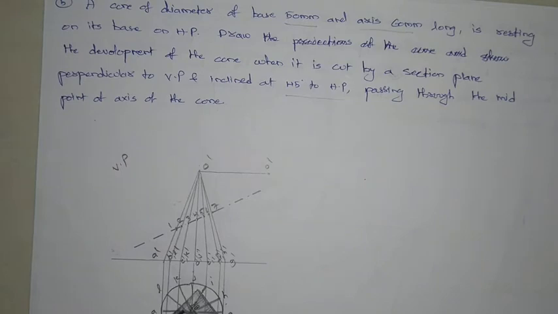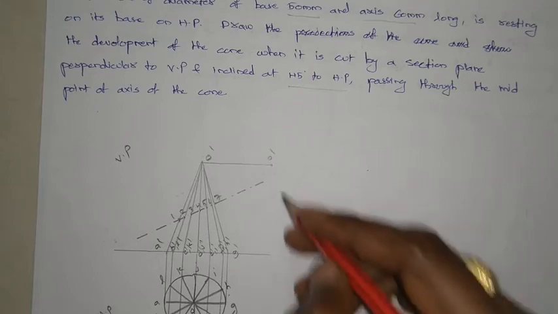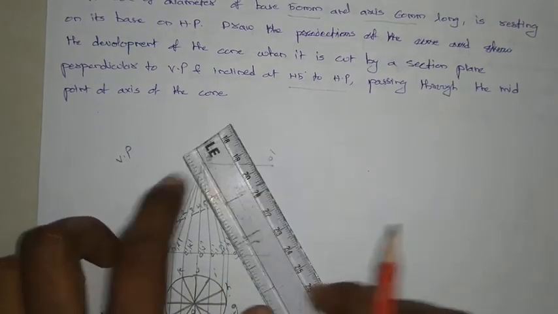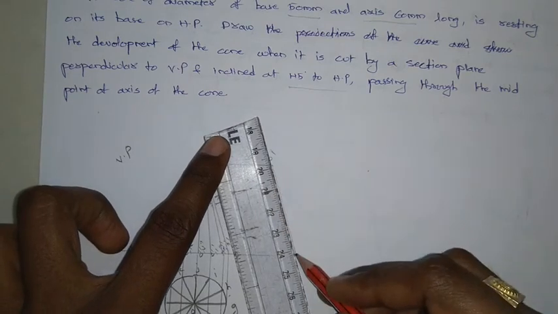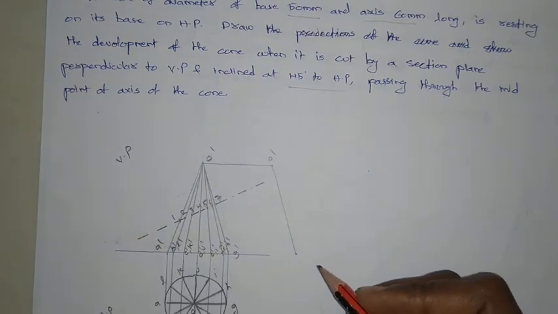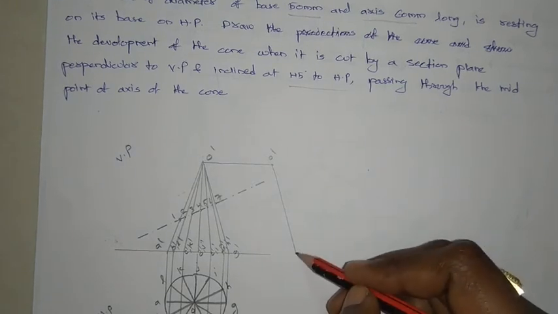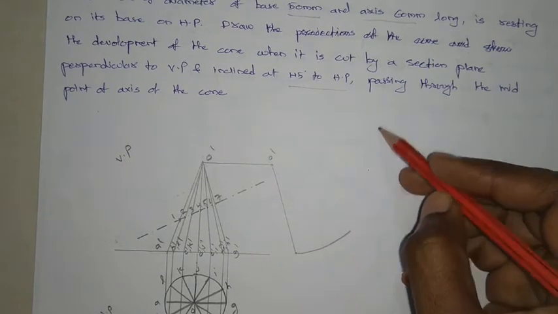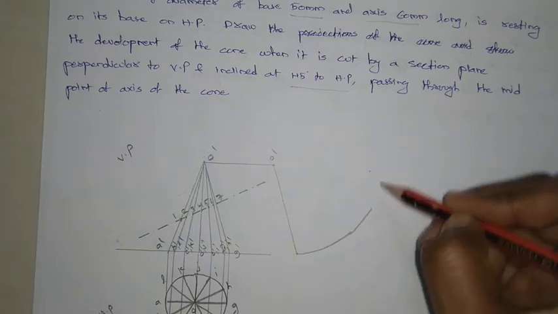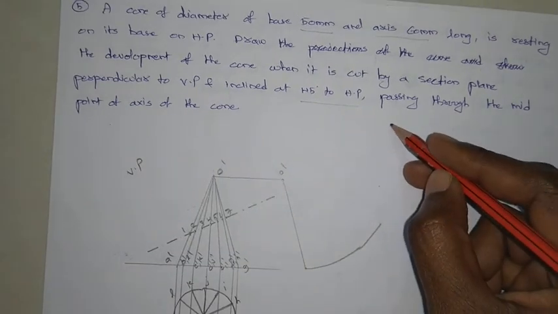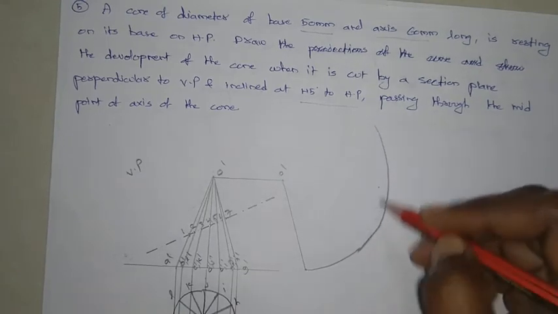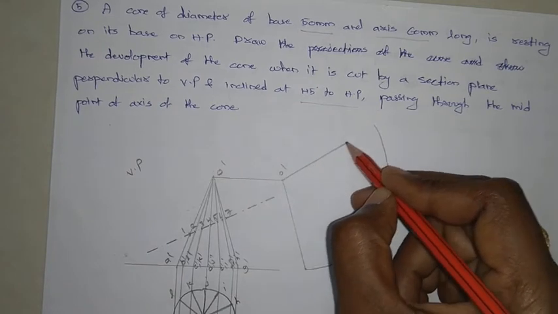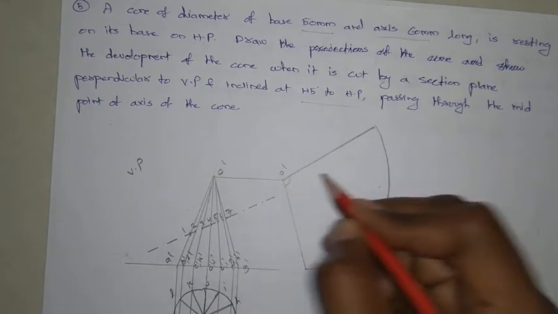Here we have a formula in order to identify how much angle we have to draw the arc. That is, if you draw an arc like this, we should have some angle for this.